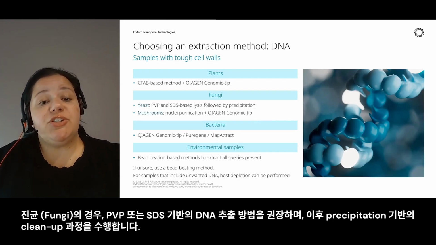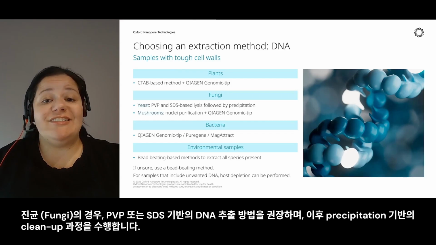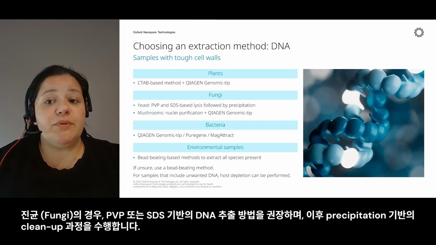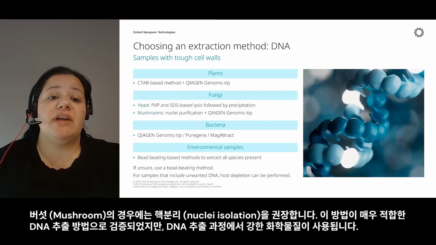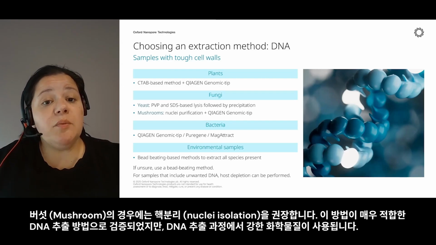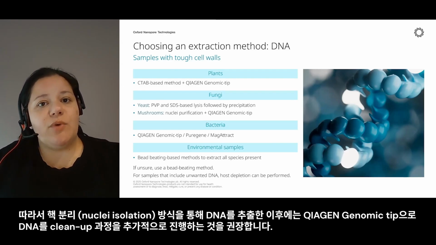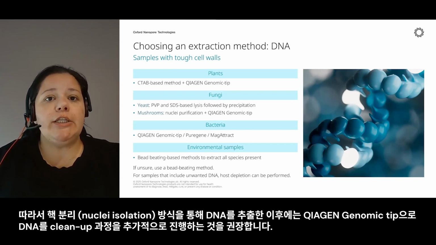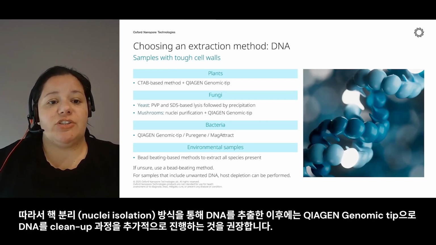Then for fungal species, we recommend a PVP and SDS-based approach, and then just precipitation cleanup. For mushrooms, we recommend nuclei isolation. We've seen that it works really well, but it also involves some harsh chemicals, and we recommend a QIAGEN Genomic-tip purification after the nuclei isolation and extraction.